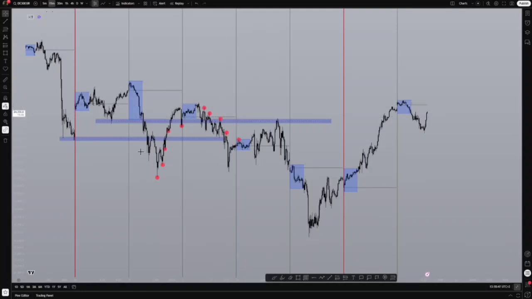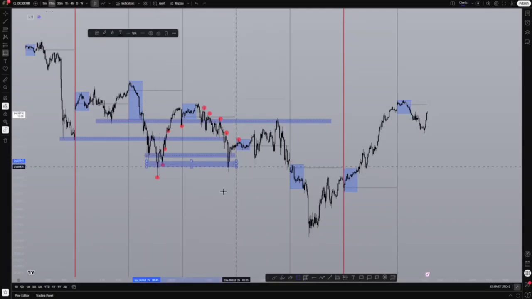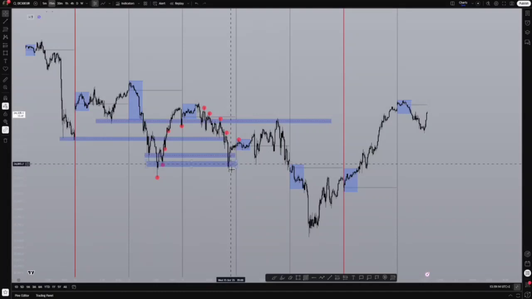Then we look for other areas as well. We could also take this one. Then there's also this support and resistance area, from which the market eventually did react and went to the upside.